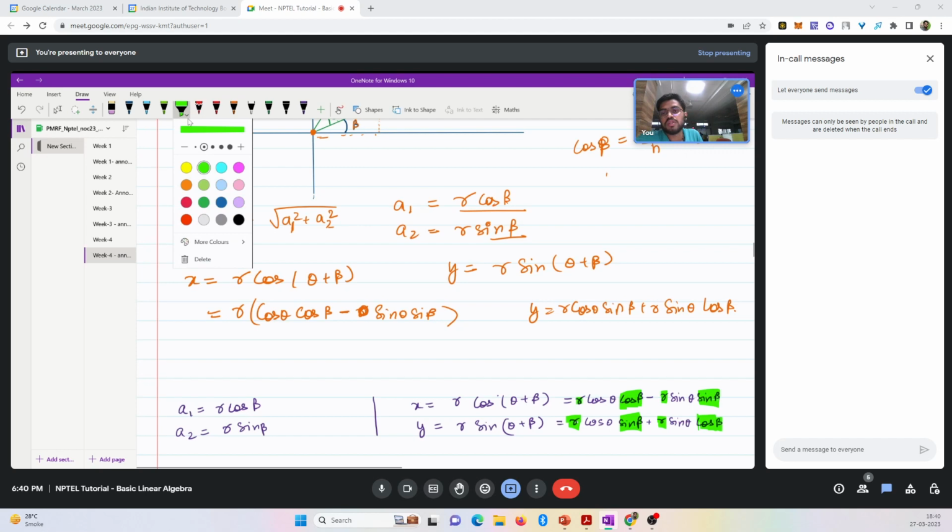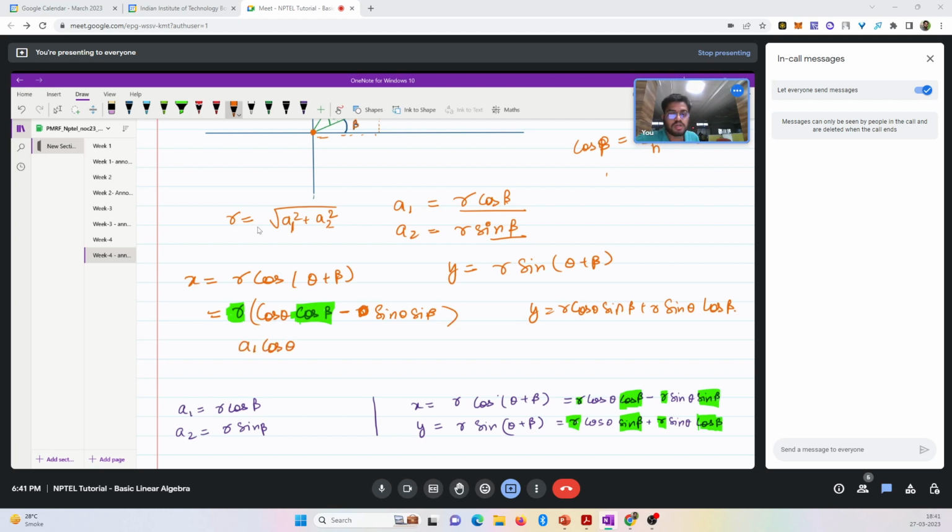Now if you take r and cos beta from here, r cos beta is nothing but your a1. So the first term is a1 cos theta. Again, in the second term, if you take r and sine beta, you get a2.